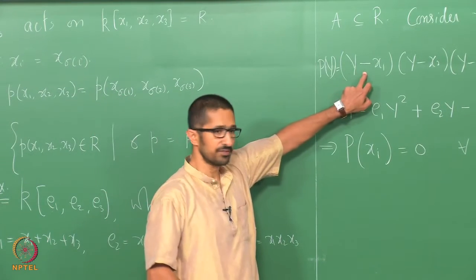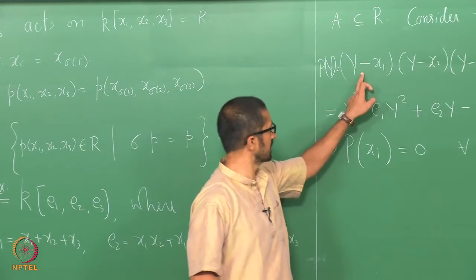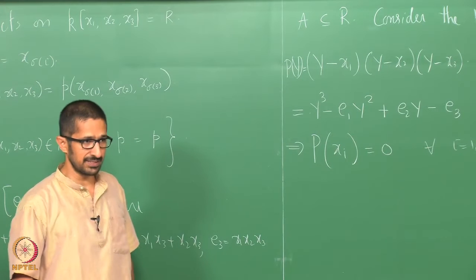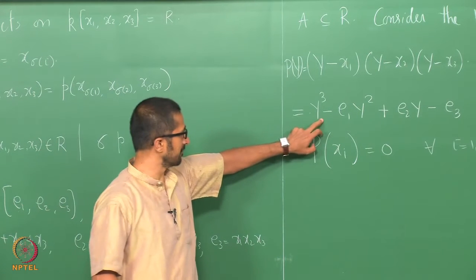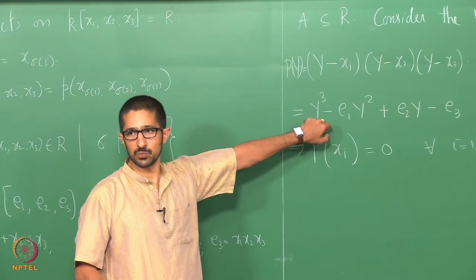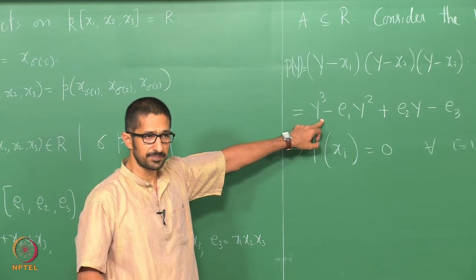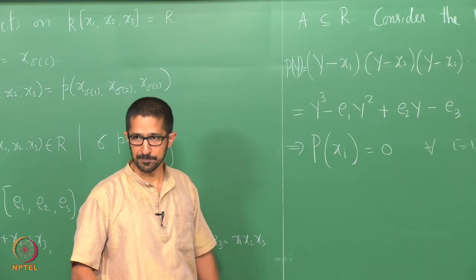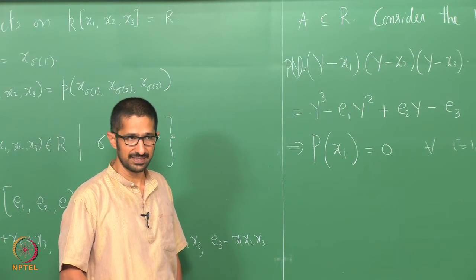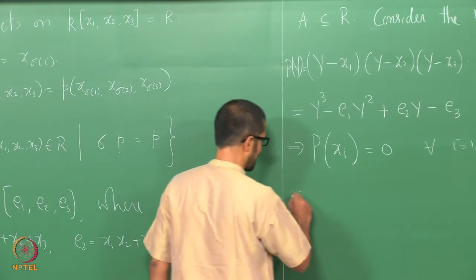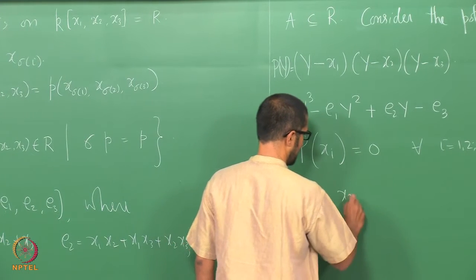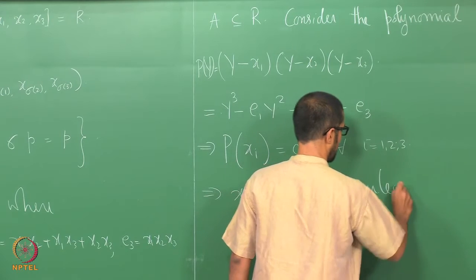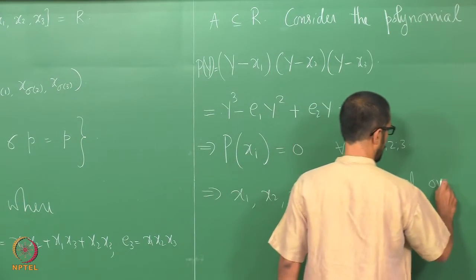Because if you put y equal to x1 or x2 or x3, this is going to be 0, which means we have an integral equation for x1 over A, similarly for x2 and similarly for x3. Okay. So this says that x1, x2, x3 are integral over A.